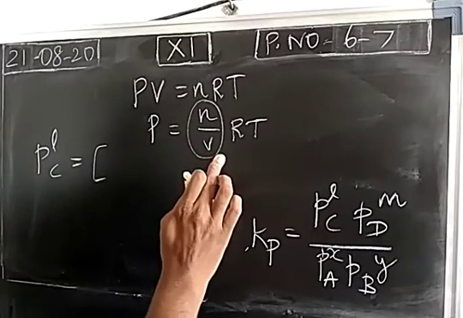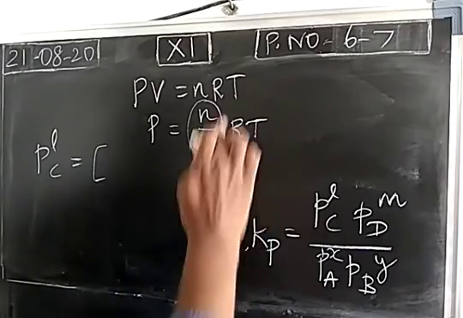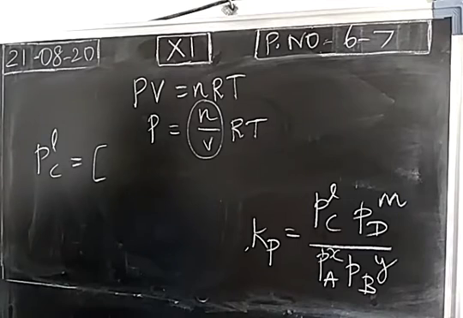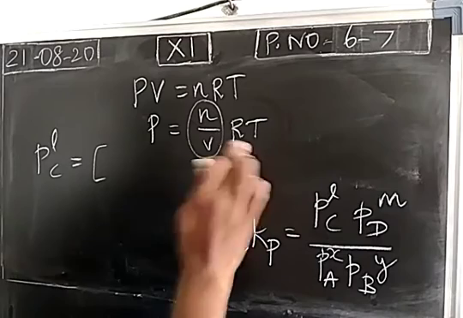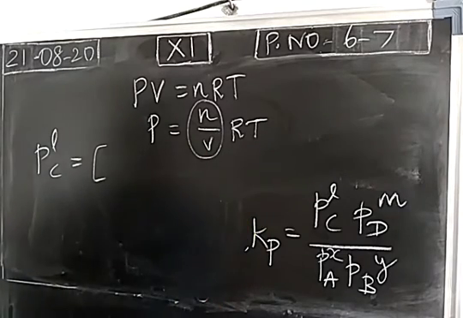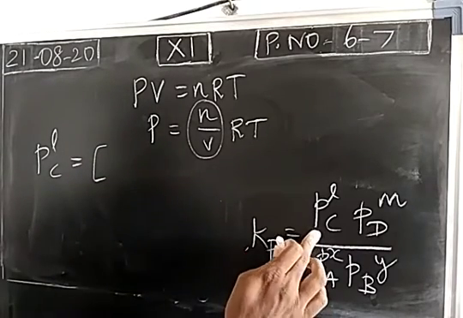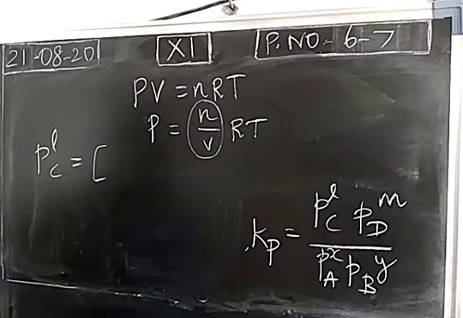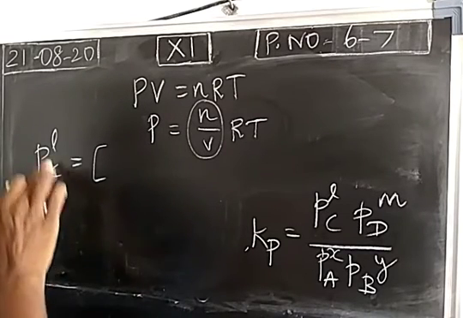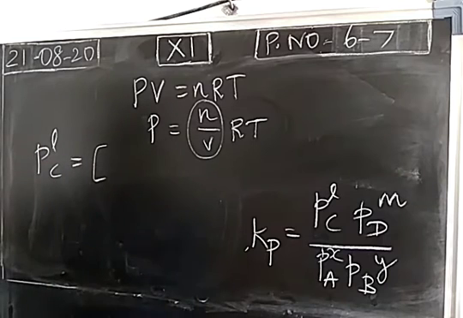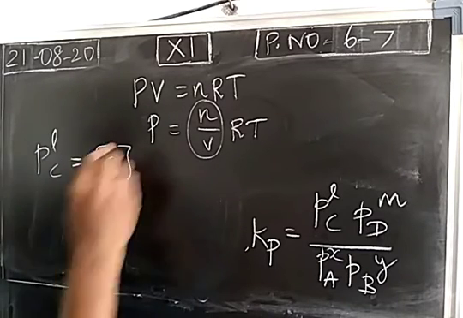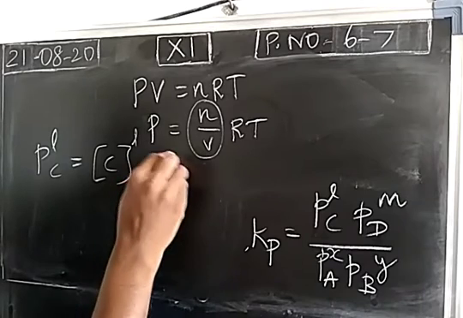Pressure is equal to the product of active mass and RT. R is the gas constant, T is the temperature. So we need the values of partial pressure of products and reactants in this formula. So partial pressure of product C to the power L is equal to C power L, RT power L.